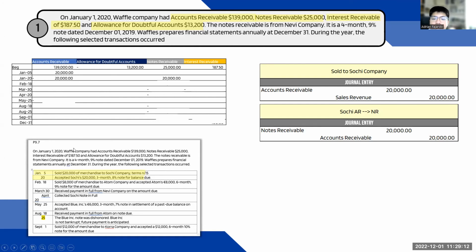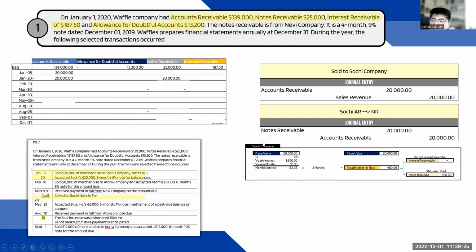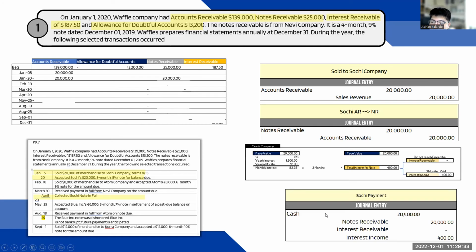The last would be in April, just to end the whole Sochi transaction, they collected the note on April 20. So now we solve for the interest. I will leave it up to you to look at the Excel on how we solve for the interest. But the journal entry here is debit cash, and then you have an interest income of 400.